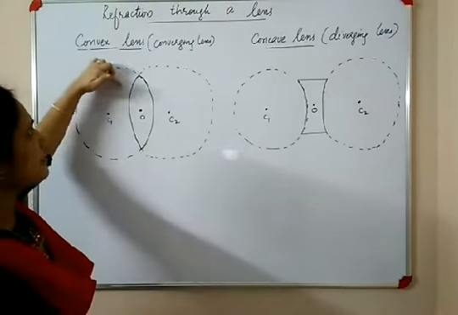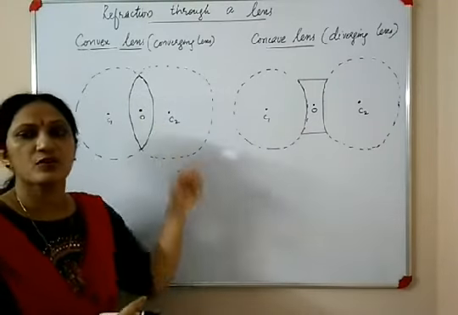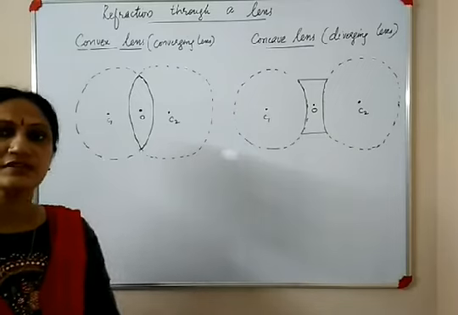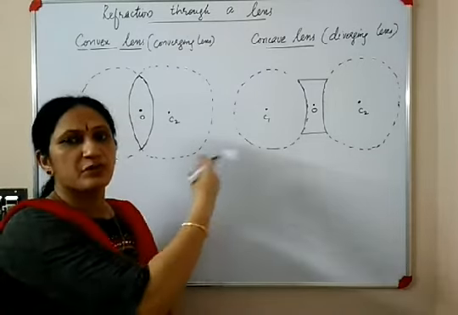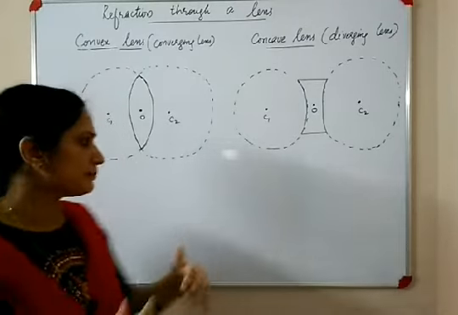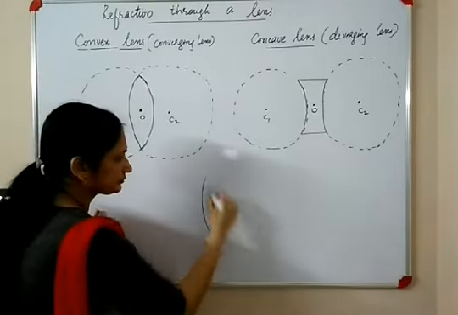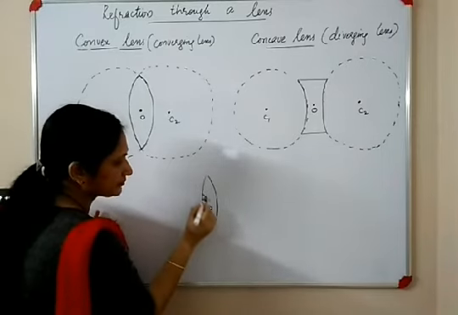If any light ray passes through the optical center, it goes undeviated if the lens is very thin. Just before this I made a diagram where the light rays pass through. Look at this diagram.